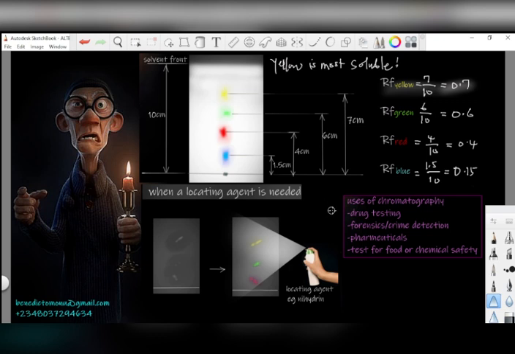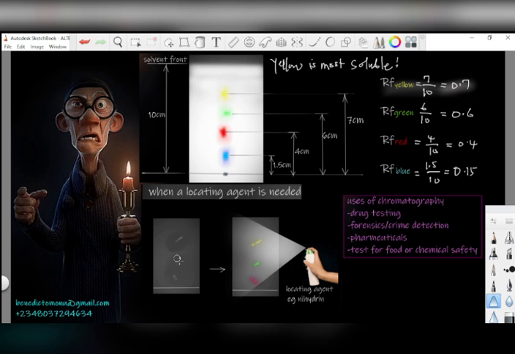Now, it is not every time that the separation displays colors. For example, when we're separating proteins like pepsin, erepsin, and so on, they are all colorless. So should you do their chromatography, it may not have colors that you can see, even though the separation has happened.